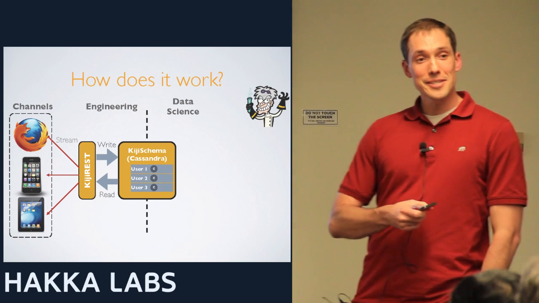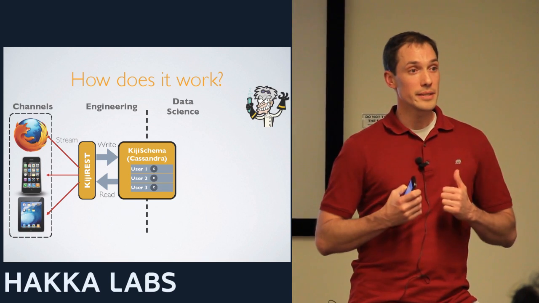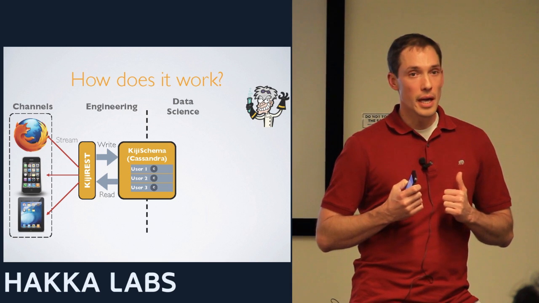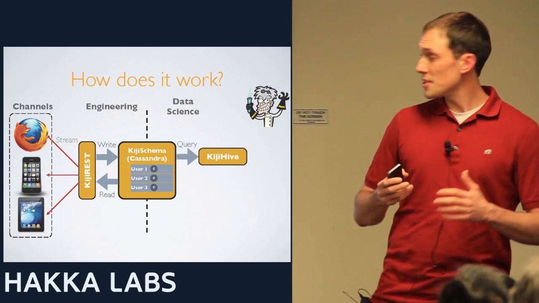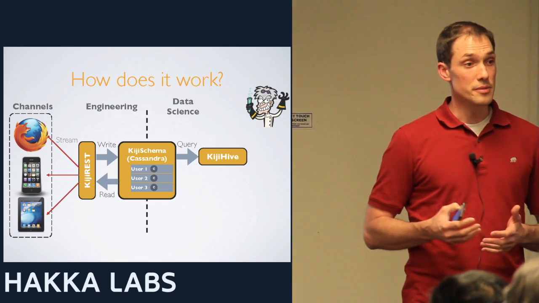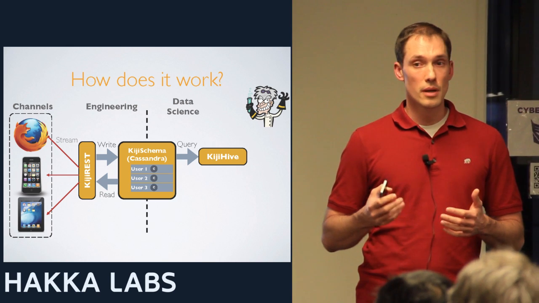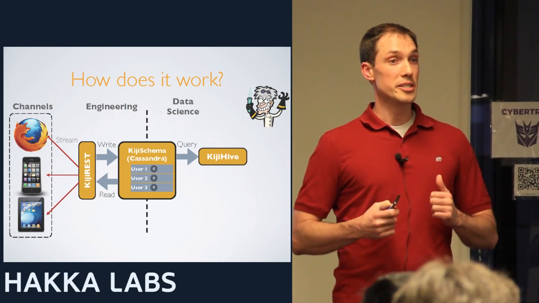The data scientists, as we discussed, need a way to query the data in Qiji. And again, they'll want to use languages they're familiar with. For this, we provide G Hive, which enables data scientists to use an SQL-like language to query all the customer data in Qiji Schema.